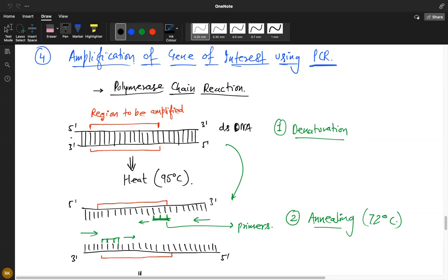Denaturation: it is heated to 95 degrees Celsius to separate the strands so the primers can bind. Then at 72 degrees Celsius we get a DNA polymerase, Taq polymerase, plus deoxynucleotides, and in extension the strands are extended, and within 30 cycles we can obtain 1 billion copies.